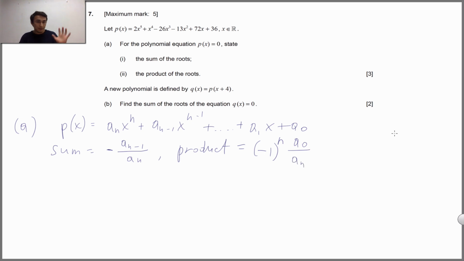Just remember this formula, very simple. Be careful with this minus sign here, and minus 1 to the power of n.